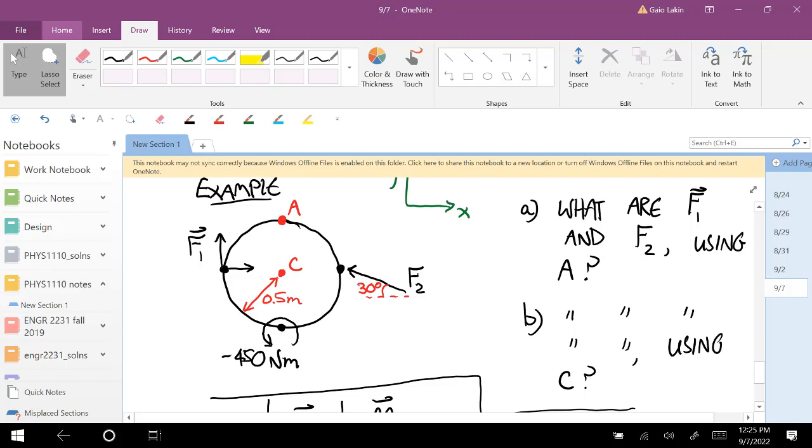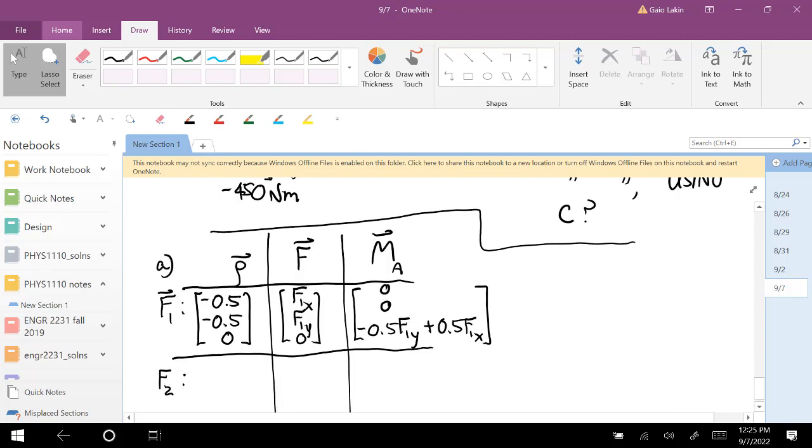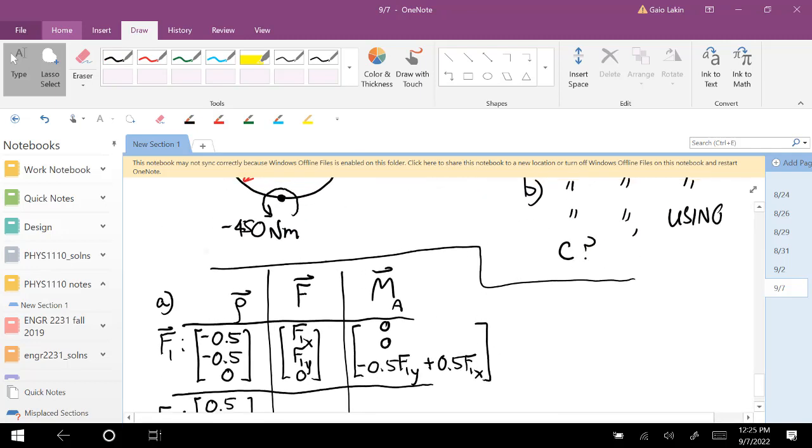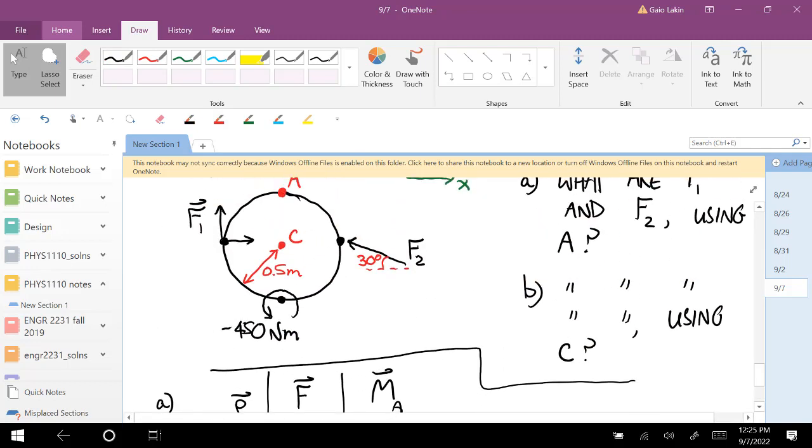So you go positive 0.5 and then negative 0.5. Yeah, it just takes a while to make this all muscle memory.